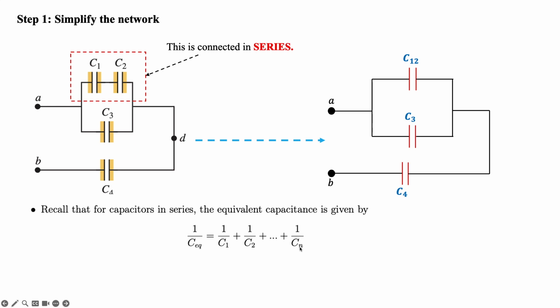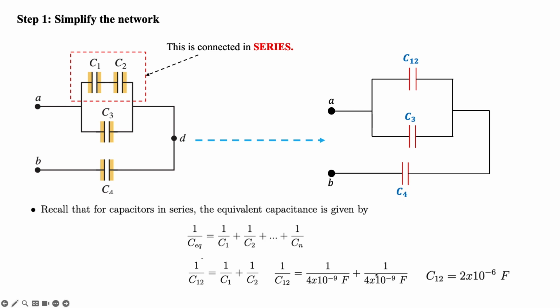That means, in this context, my equivalent capacitance is just C12, and that will just be the sum of 1 over capacitor 1 plus 1 over capacitor 2. Since the capacitances are the same, 1 over 4 microfarad plus 1 over 4 microfarad.